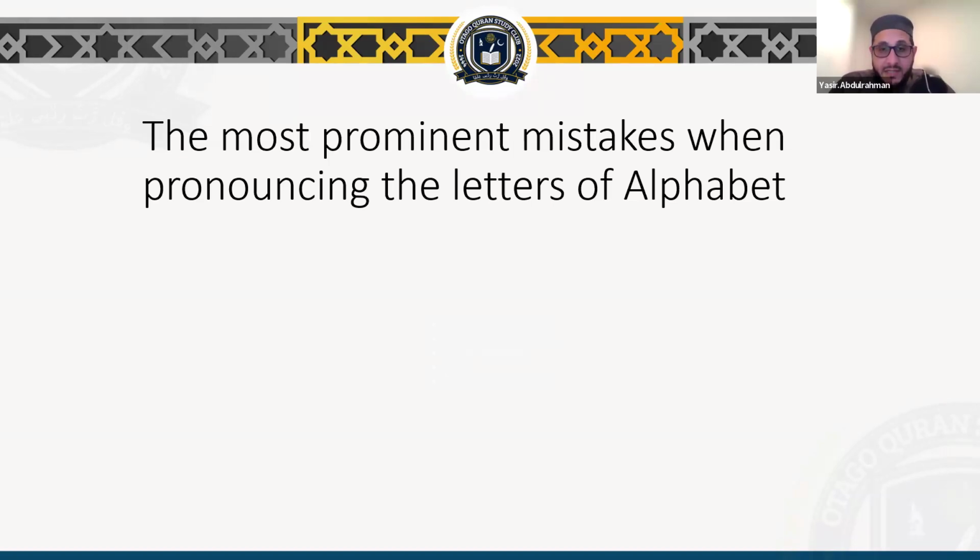The second one is a very common mistake as well, using the lower lip when pronouncing both of them, the sad and the zai specifically. So some people say as-salihin. Can you explain how you say sabr? Sabr, while pronouncing the qalqala and the heavy ra.